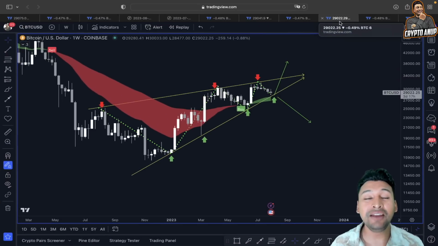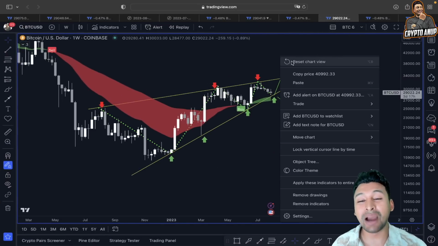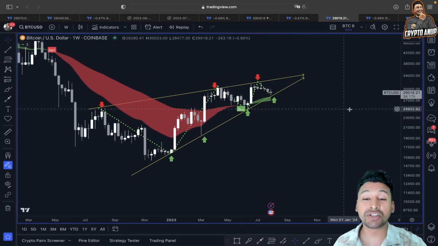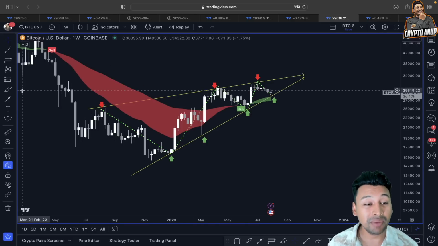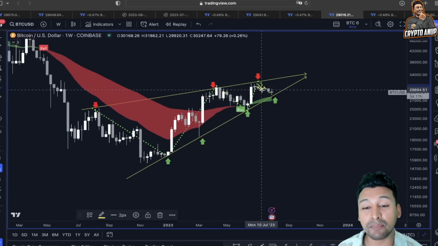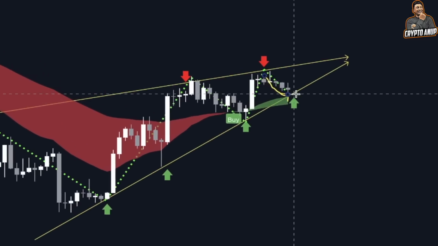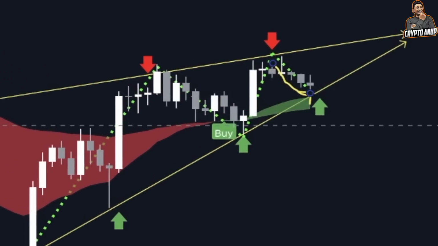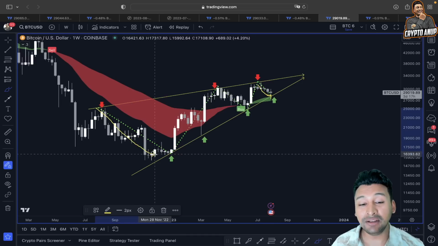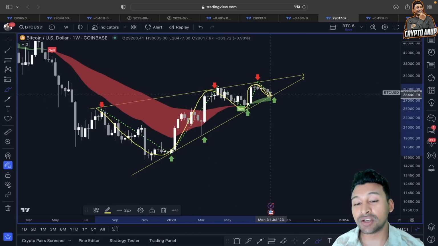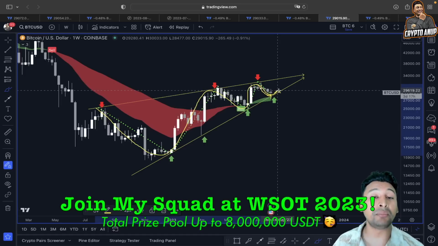Now, even if we look at this in a bit different way, if we use this bearish scenario in a weekly time frame known as a rising wedge, we know in the medium short term there might be weakness, there might be a retracement around this crypto buy sell indicator and even the rising wedge. But I just want you guys to be clear, even if there is another continuation to the downside towards 28,000, it is still going to form a higher low.